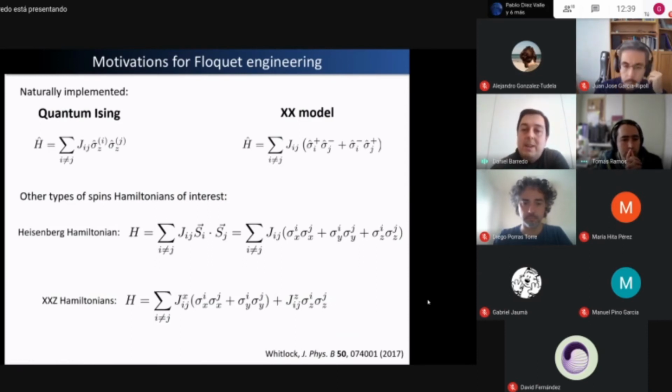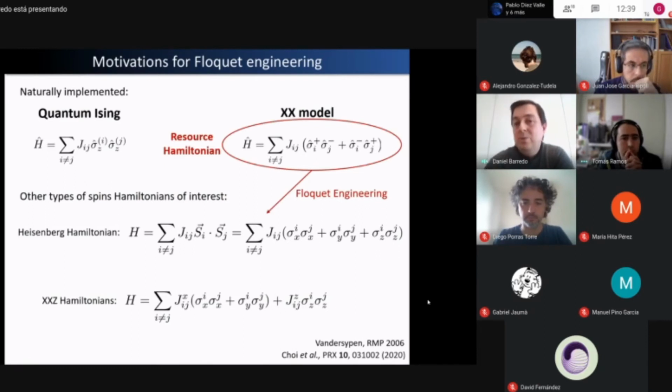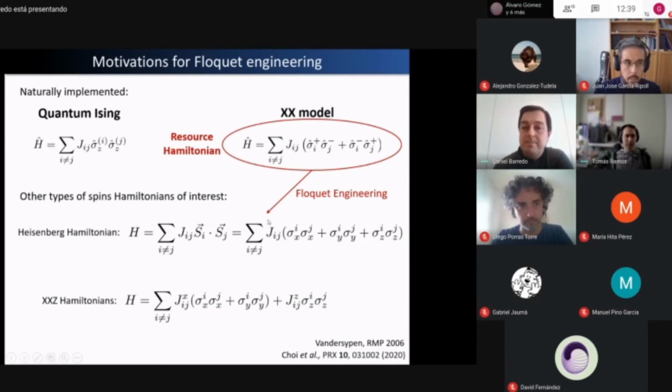So the idea is to use this XX model, which is naturally implemented in our platform as a resource Hamiltonian, and do periodic driving with the microwaves to engineer this other Hamiltonian.